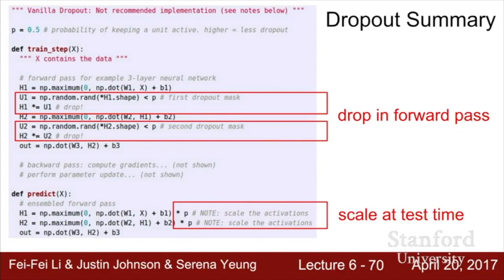The summary of dropout is that it's really simple. On the forward pass, you're just adding 2 lines to your implementation to randomly zero out some nodes. And then at the test time prediction function, you just add one little multiplication by your probability. So dropout is super simple. It tends to work well sometimes for regularizing neural networks.